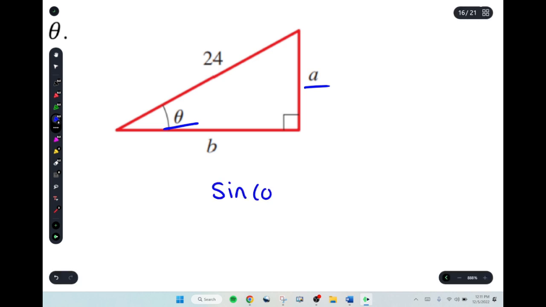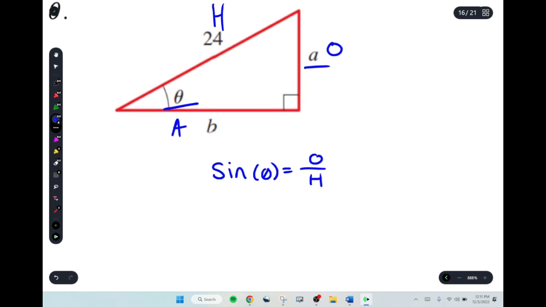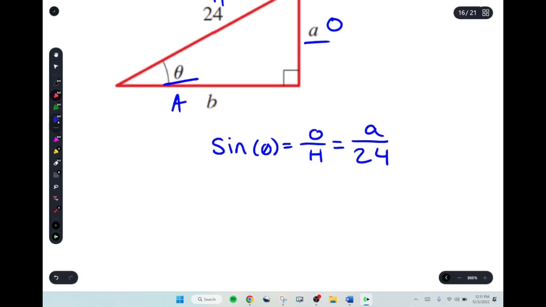You said sine, and sine of theta is opposite over hypotenuse. And if that's theta, that makes this the opposite, this the hypotenuse, and this the adjacent, which makes it A over 24. Cut out the middleman so it doesn't look so ugly, and you get sine theta equals A over 24.